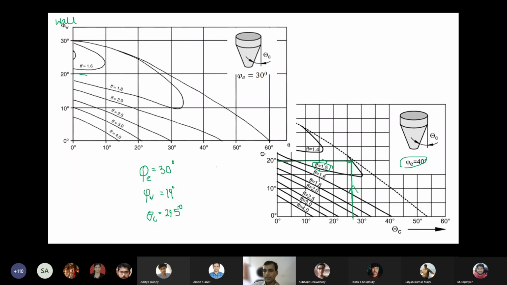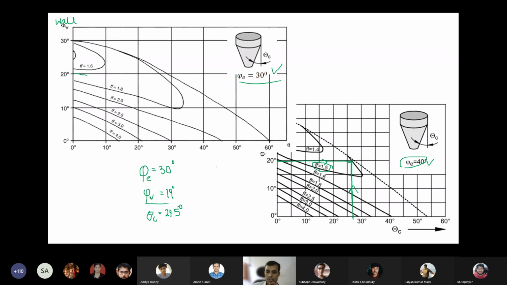As I said, for theta c 30, we need to use this graph. For phi e, angle of internal friction 40, we use this one. In the next slide, we have 50 and 60. Since the angle of internal friction is 30, we have to use this chart.